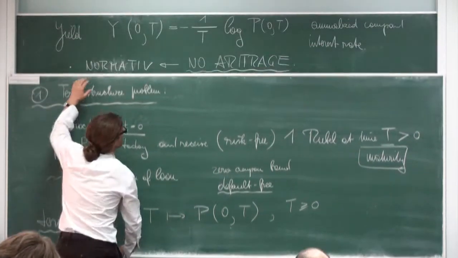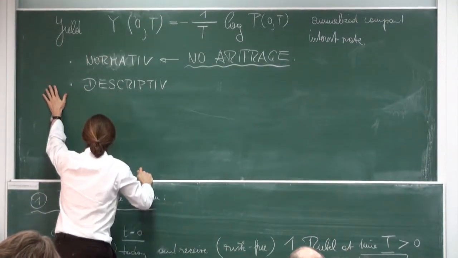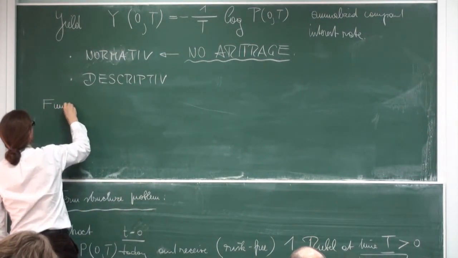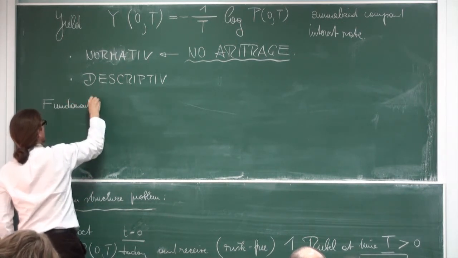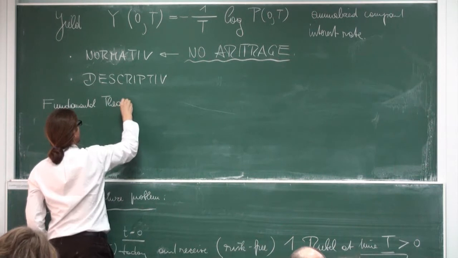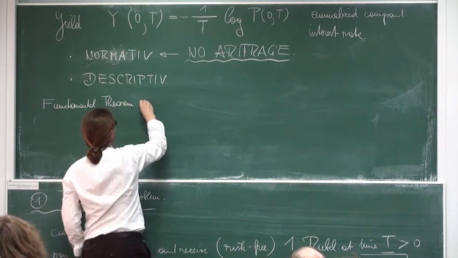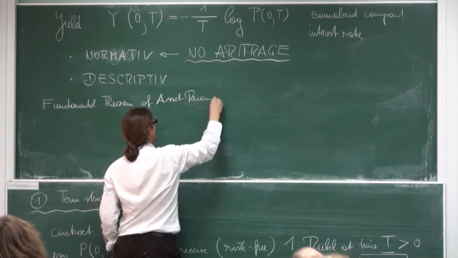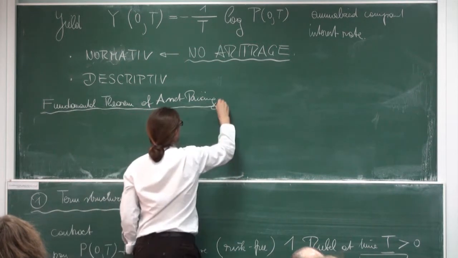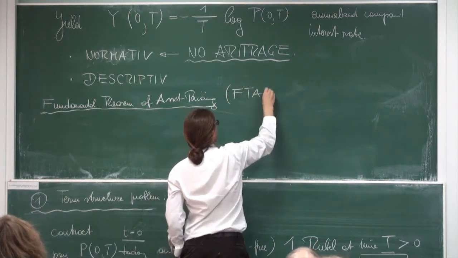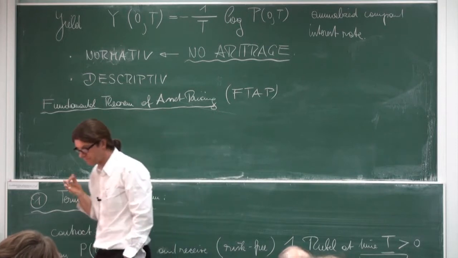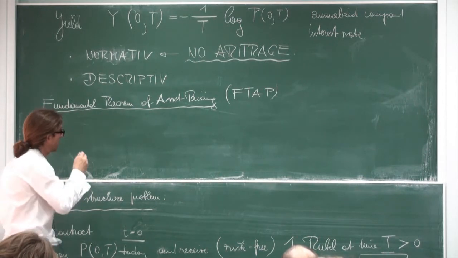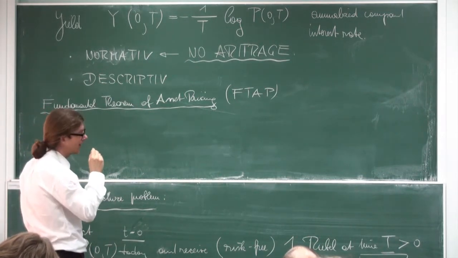So let me put it in very simple terms. Even though it is not a simple statement, it's called the fundamental theorem of asset pricing. And I formulate it in a mathematically not fully correct version, because the mathematically fully correct version is delicate to write down.